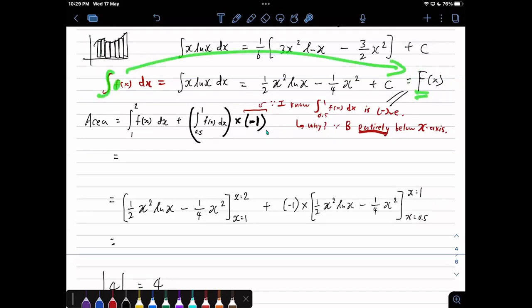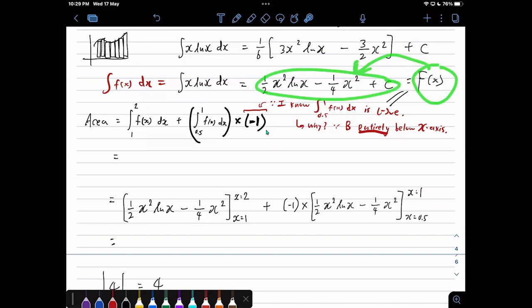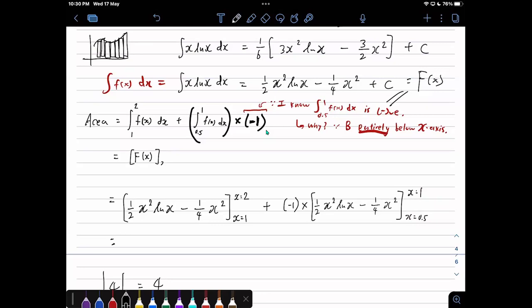In the end, you'll get a capital F. Anyways, this is the capital F notation, F of x, representing this expression, so that I can be lazy and not write so many things. In other words, our integral of 1 to 2 of f of x dx becomes capital F of x. Then you put square bracket, x equal 1, x equal 2. Wow, you see, so much neater, right? Don't need to write so many things.